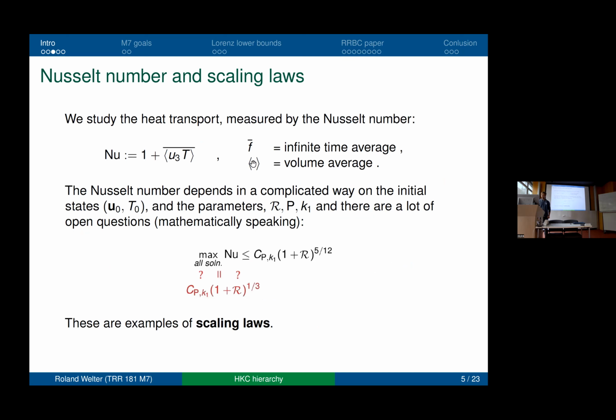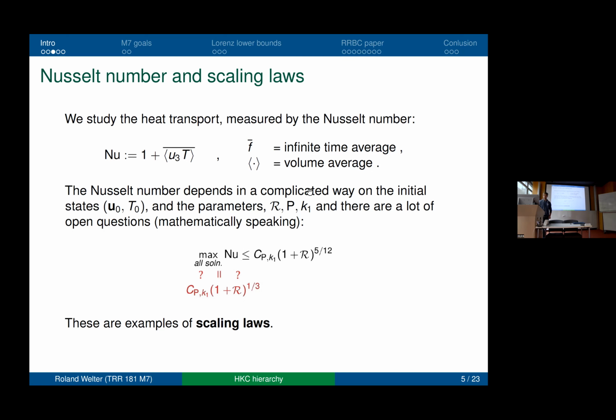And our main quantity of interest is the Nusselt number. The Nusselt number is defined as the vertical heat flux or heat transport averaged over the volume and also over infinite time. So this removes some spatial and time dependence, but it still depends on the initial states and also the parameters.